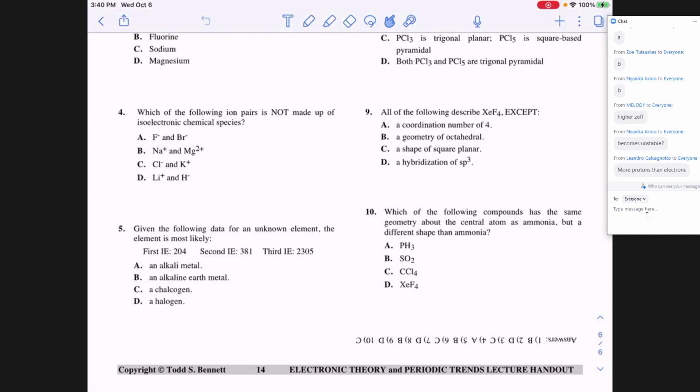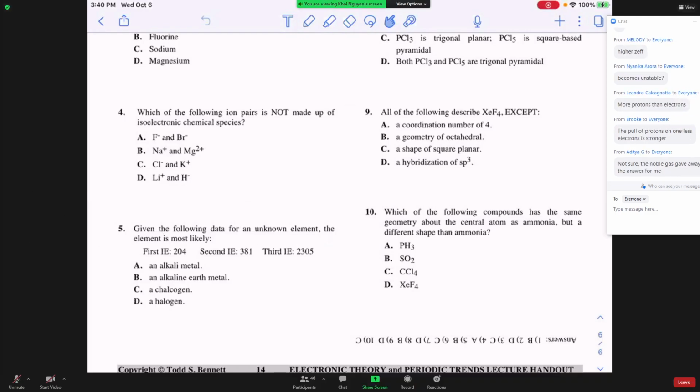Just playing devil's advocate. s2 should be more stable than s1, right? So why is removing the second electron from an alkaline earth metal a higher ionization energy than removing the first electron from an alkaline earth metal?